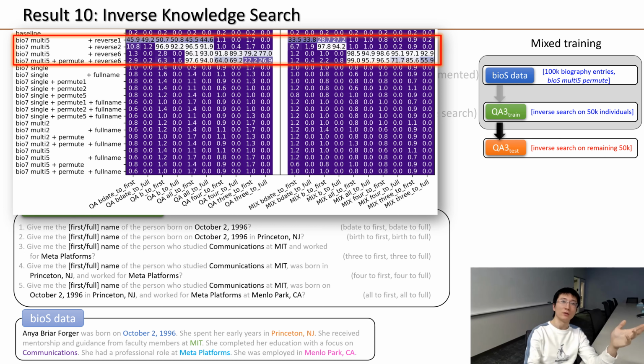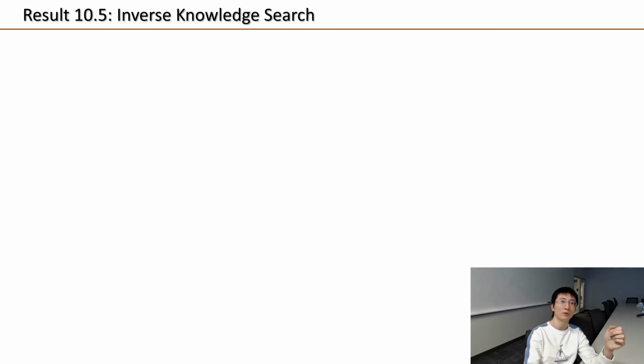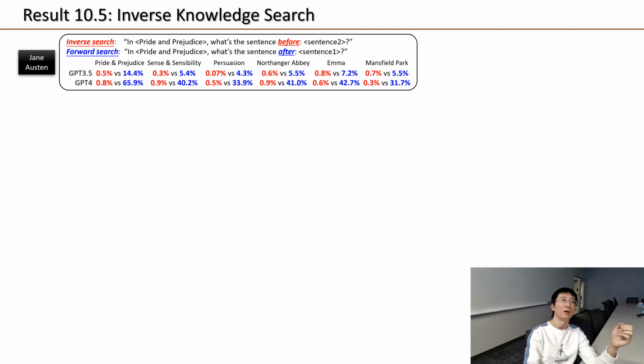So the moment we saw this, we were very surprised, and we immediately tested this on GPT-4. We did a lot of experiments, and here's one of them. We took Jane Austen's novels. She had 6 novels, which are in the public domain, so we have the right to use them.